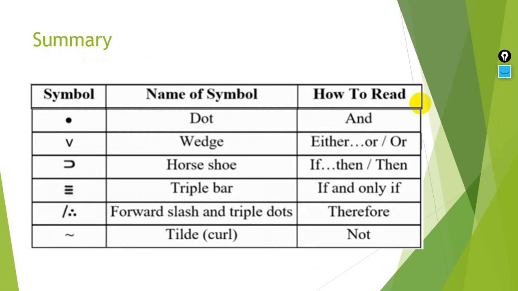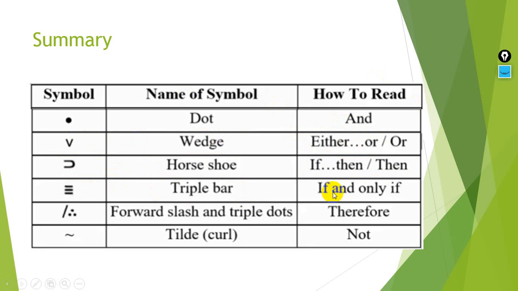Now, this is the complete summary of the different symbols. Look at this: the dot is used for 'and', the conjunction of propositions. The wedge is used for 'either... or'. The horseshoe is used for a conditional statement.